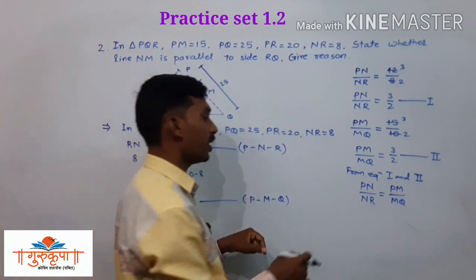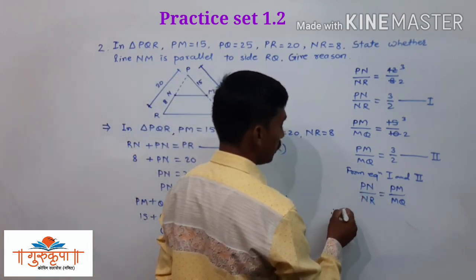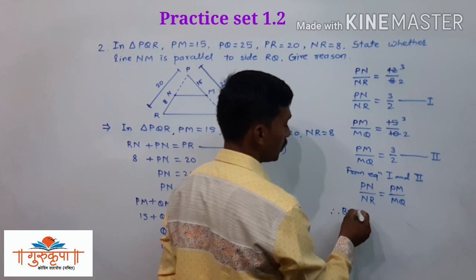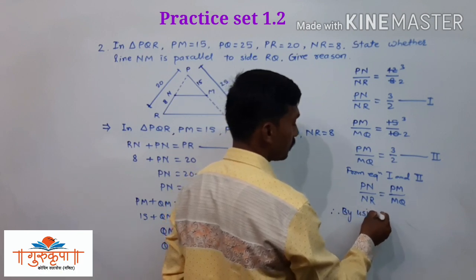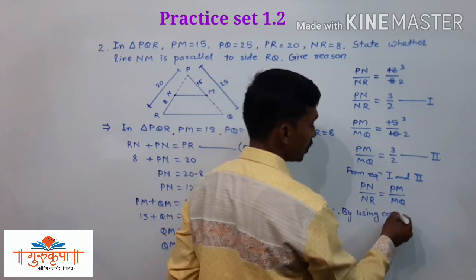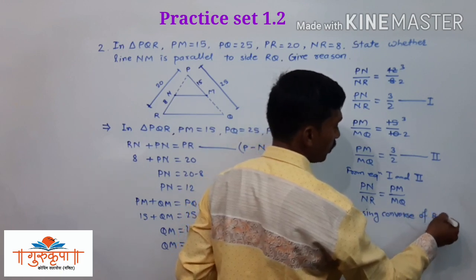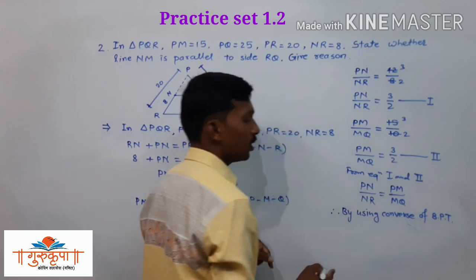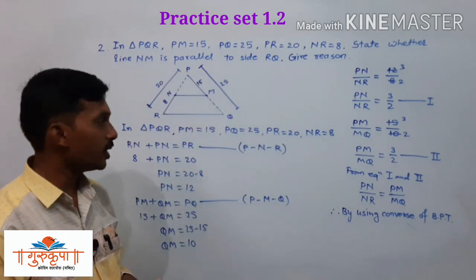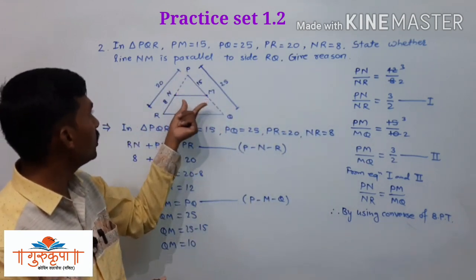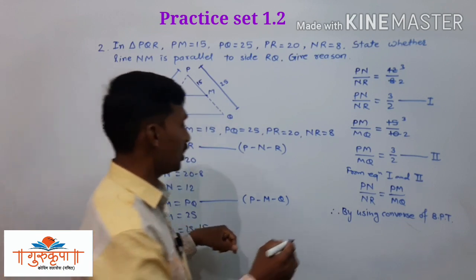So here we will write the reason first: by using the converse of the basic proportionality theorem, this NM is parallel to side RQ.